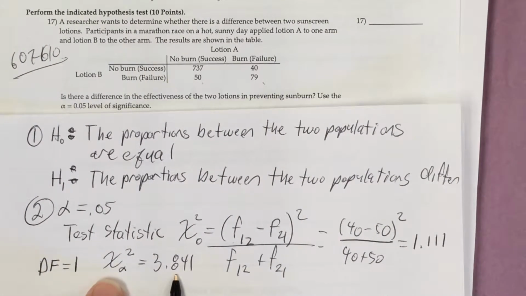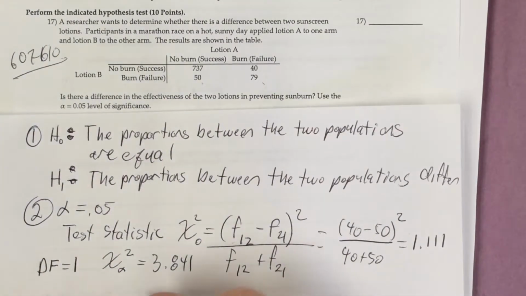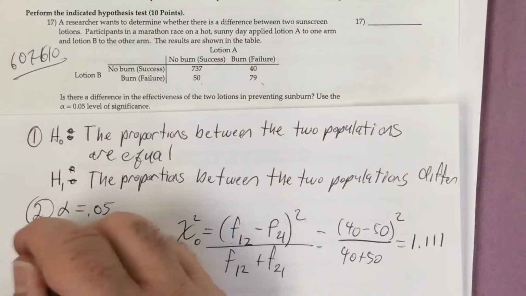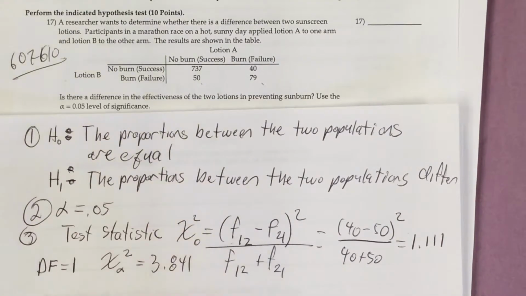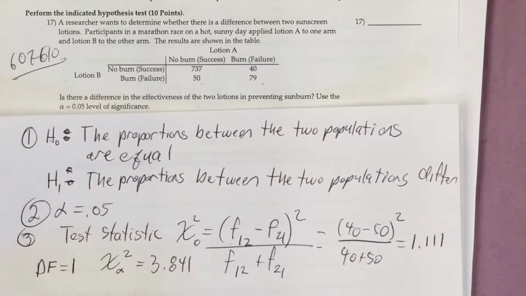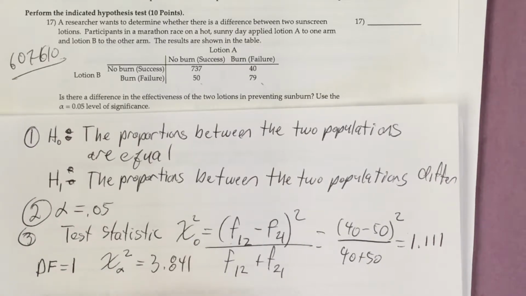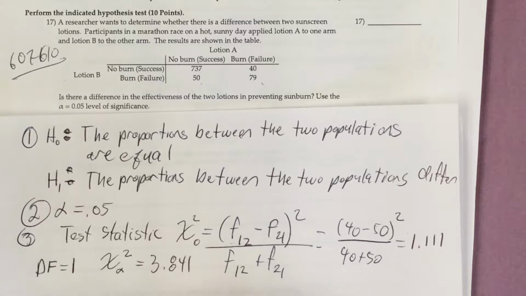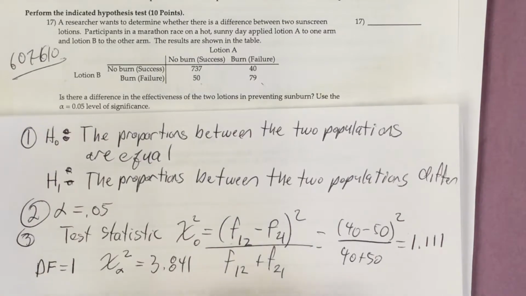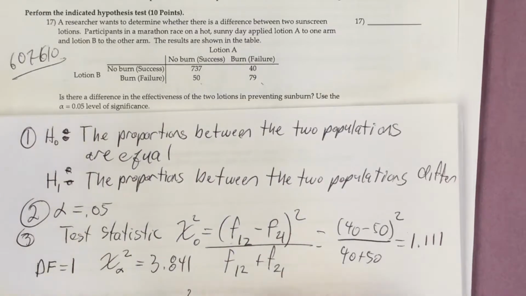When we make the comparison, if we're going to reject the null hypothesis, then if true, reject.